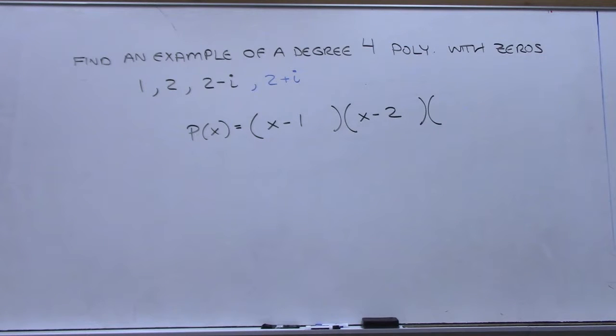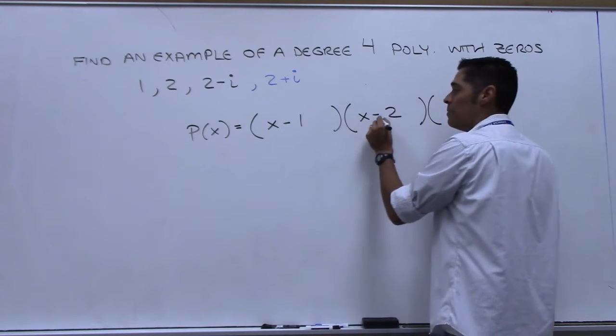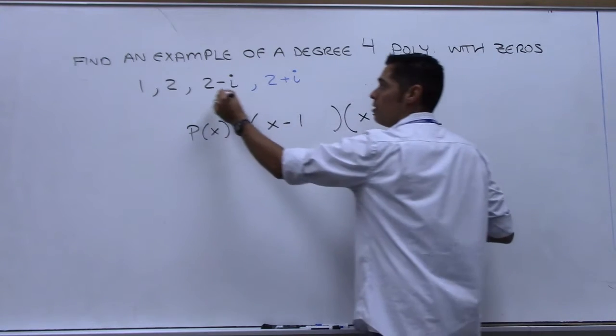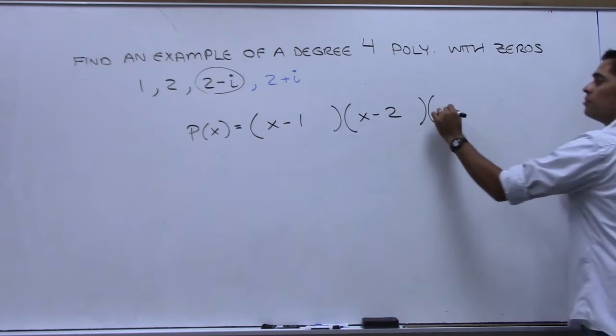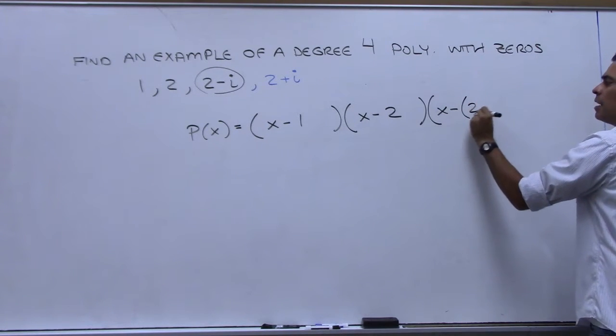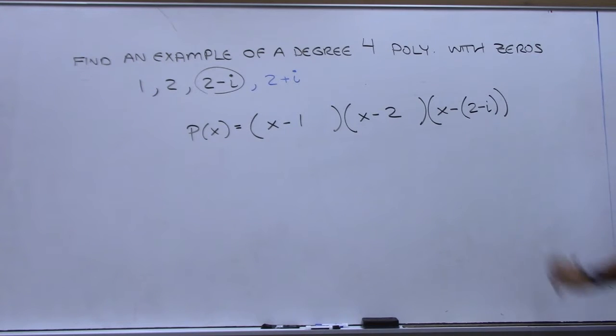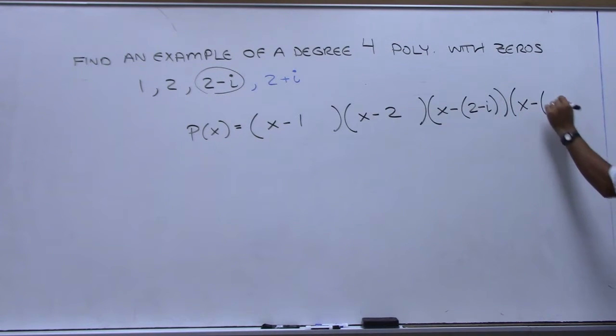Everyone else has to keep up with Lily here. How are we going to put this in? Like we did the x and then we did minus 2, right? So how are you going to put this one in? x minus what? Parenthesis 2 minus i, like that. Same thing with the other one: x minus parenthesis 2 plus i.